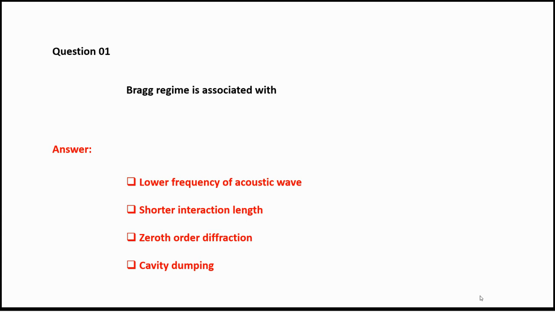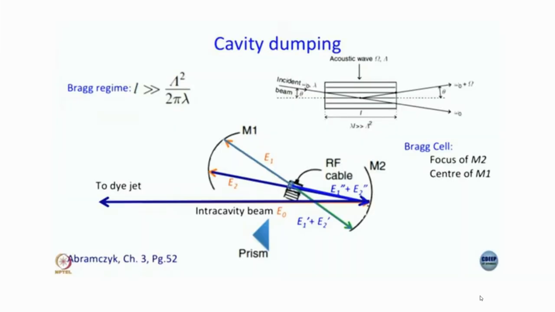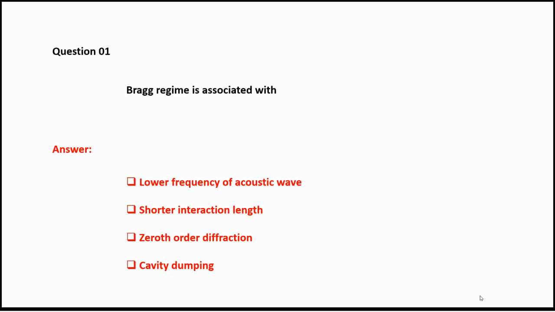Zeroth order diffraction refers to, suppose we consider any medium or any particular structure with slits or gratings in it, then diffraction is the process which occurs with any kind of wave. And cavity dumping, this topic we'll be discussing later in this session. So, coming to this, what is the Bragg regime?